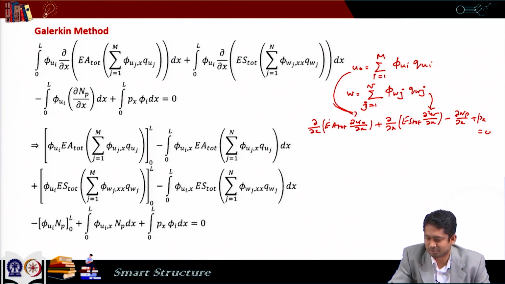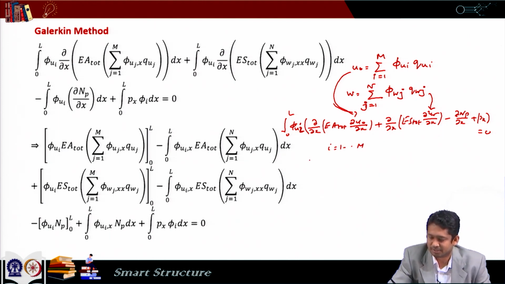First we multiply with phi u 1 and integrate from 0 to L and equate that to 0, that gives me one equation, and then I multiply it with phi u 2 and integrate from 0 to L, that gives me 2 equations. Likewise I multiply with phi u i going from 1 to m. So, that gives me total m number of equations.